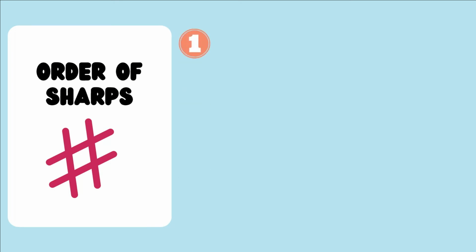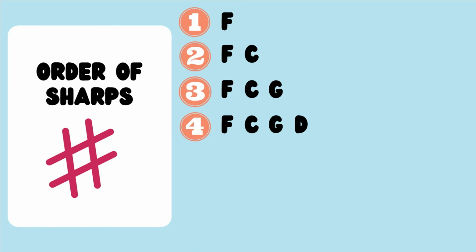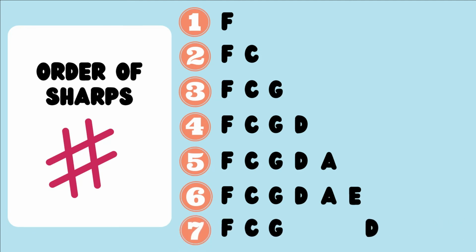If it's just 1 sharp, the sharp is going to be on F. If the scale is using 2 sharps, it's going to be on F and C. If it's 3 sharps, take note, it's going to be on F, C, and G. If it's 4 sharps, it's going to be on F, C, G, and then D. If it's 5 sharps, the first sharp will be on F, second on C, the third on G, the fourth on D, and the fifth on A. If it's 6 sharps, we have them in this order: F, C, G, D, A, E. And if it's 7 sharps, F, C, G, D, A, E, and B. So it's an order, so you need to understand this order of sharps.